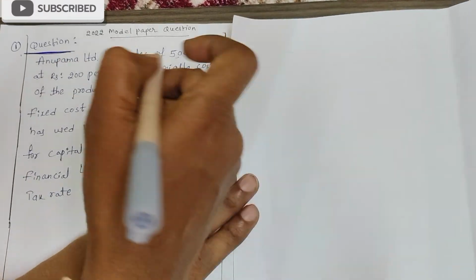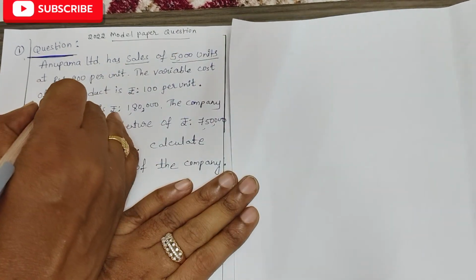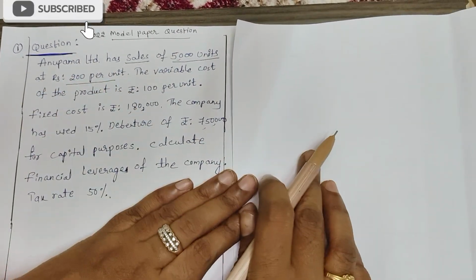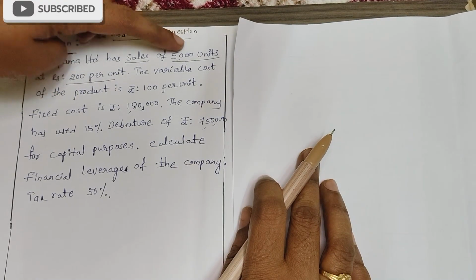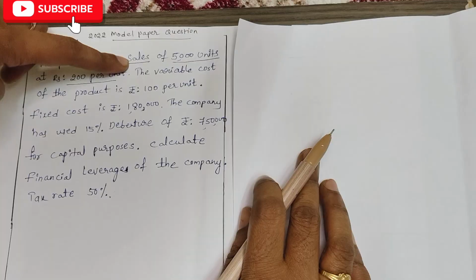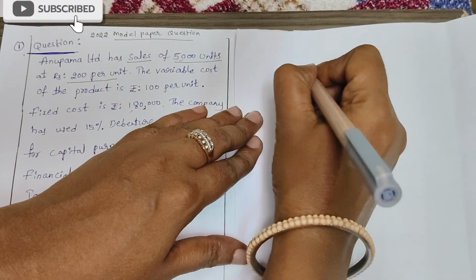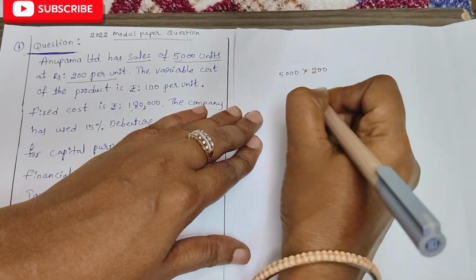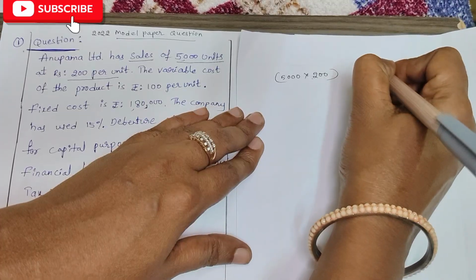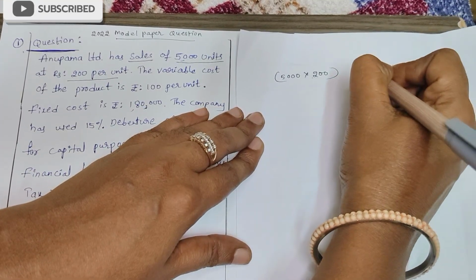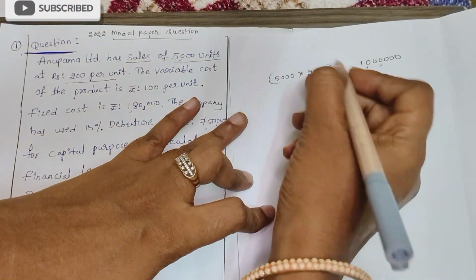So here we have sales. 5,000 units sold at the rate of 200 per unit. 5,000 into 200 gives the sales value. 5,000 into 200 is 10 lakhs.